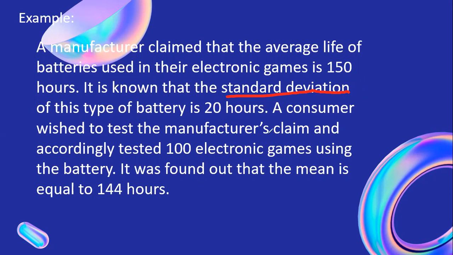Coming from the population or from the sample? Okay, since it's in the second sentence, knowing that the average life of batteries is given or came from the population, obviously this standard deviation is the population standard deviation. And so if the population standard deviation is known, then we need to use what test? Yes, it's the z-test.